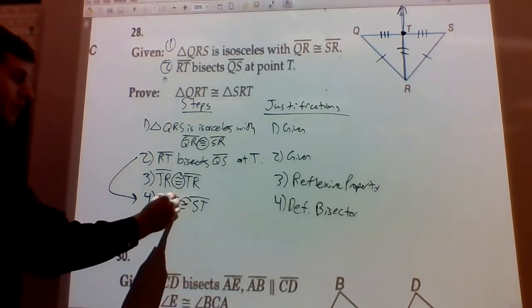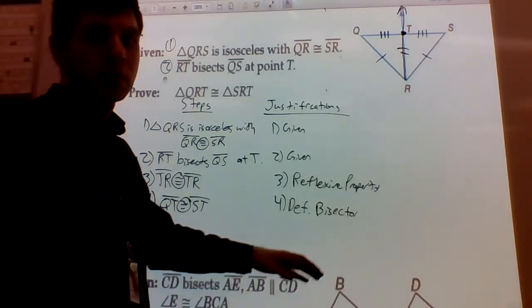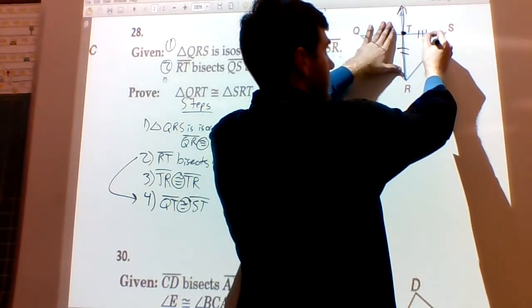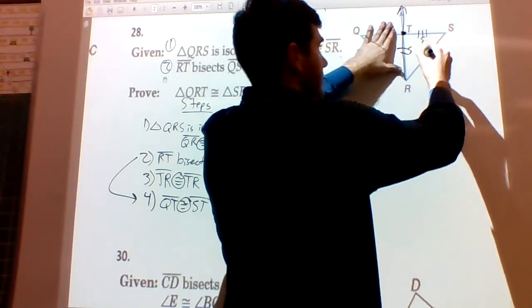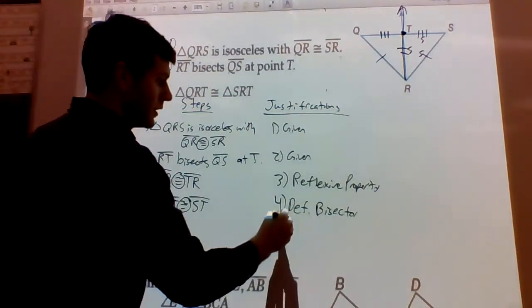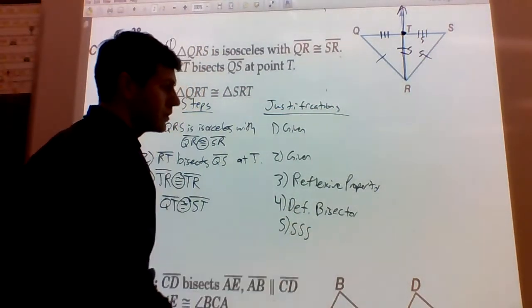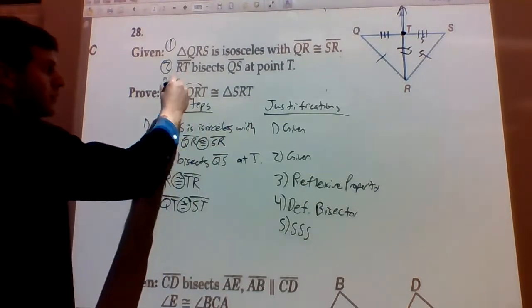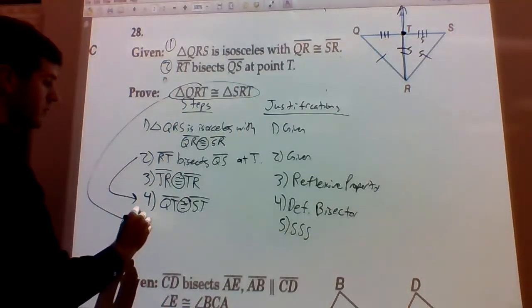We now have three corresponding parts that are congruent. Cover one of the triangles: side or angle, that's a side, that's a side, that's a side. So we're going to use the side, side, side postulate, which tells us if we have three corresponding sides that are congruent, then the triangles are congruent.